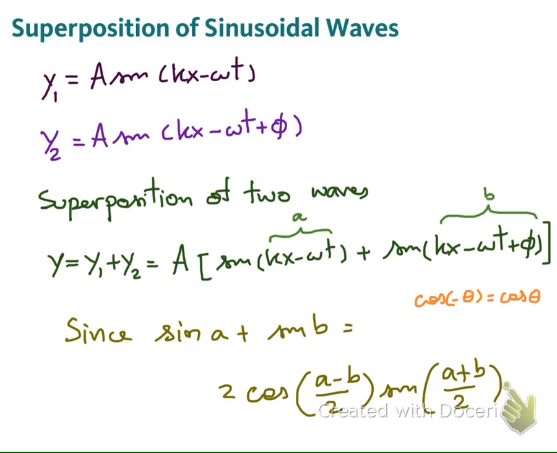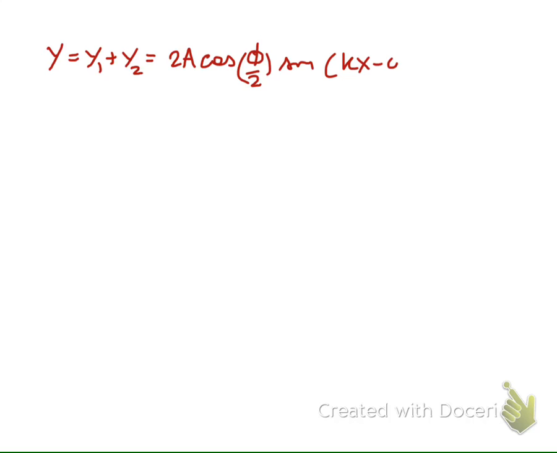So we will have the resulting wave as y equal to y1 plus y2 is equal to 2a cos of phi over 2 times sine of kx minus omega t plus phi over 2.